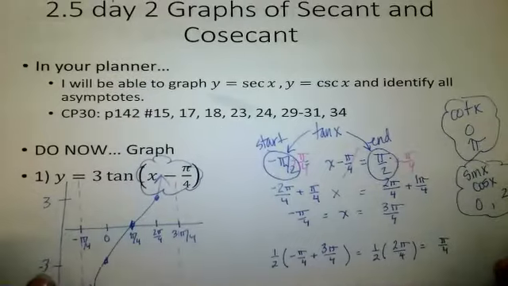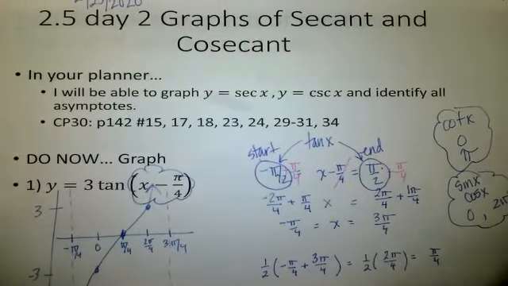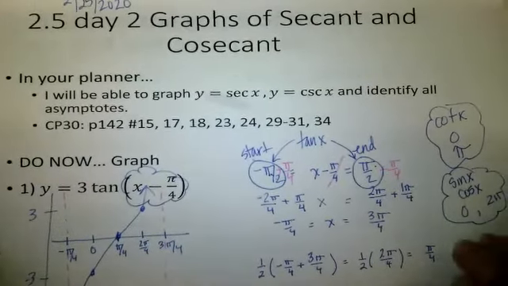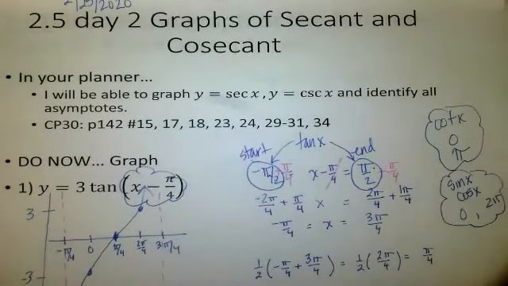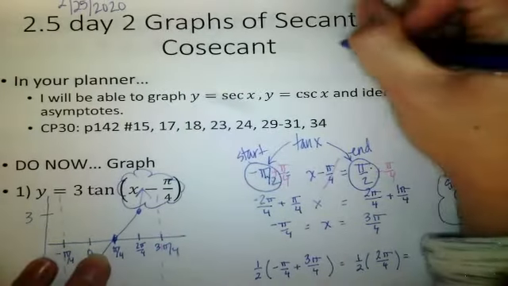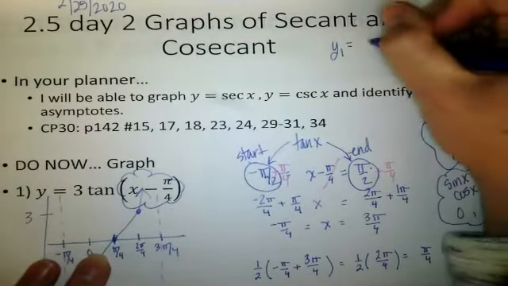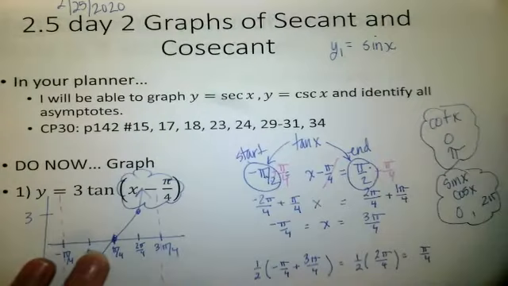Okay, today we are graphing secant and cosecant. And the nice thing is we get to graph the reciprocal function first. So we're going to go back to graphing sine and cosine. And once you graph that curve, then it's really easy to graph secant and cosecant. So what I'm going to show you right now is in your calculators, we're going to just start with sine.